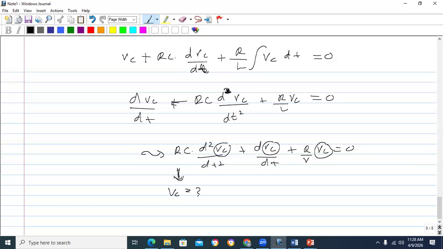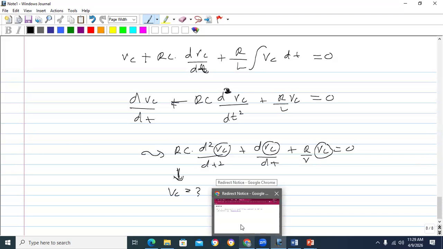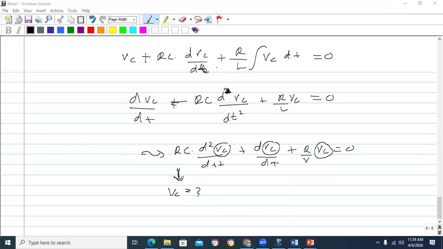Can anyone remember? Any differential equation you can solve using that one. Yes, integrating factor. That is the way of solving this one.